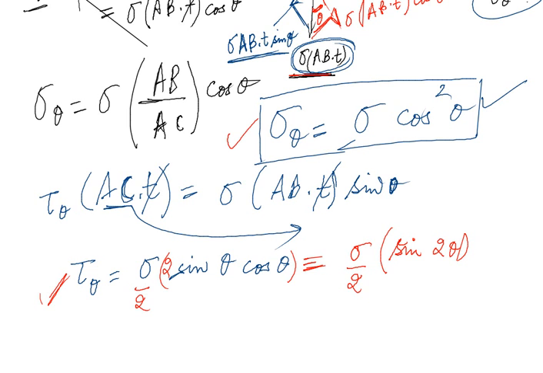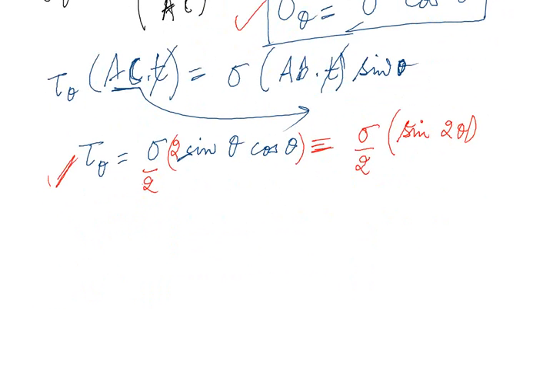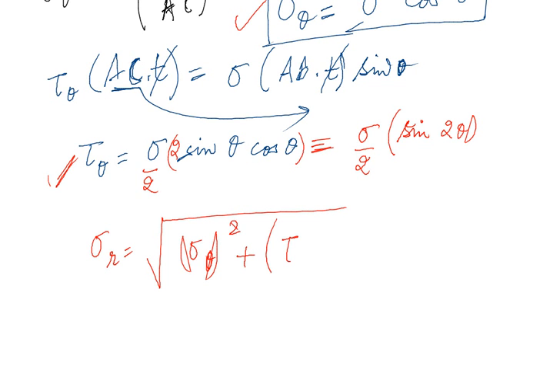Now what is the value of sigma r? That is the resultant. The resultant we found out was the square root of sigma theta square plus tau theta square.